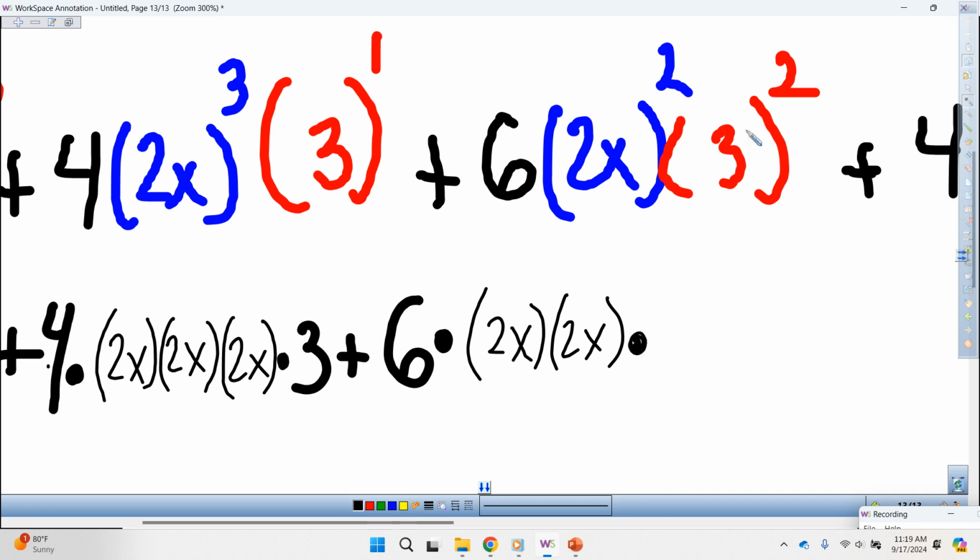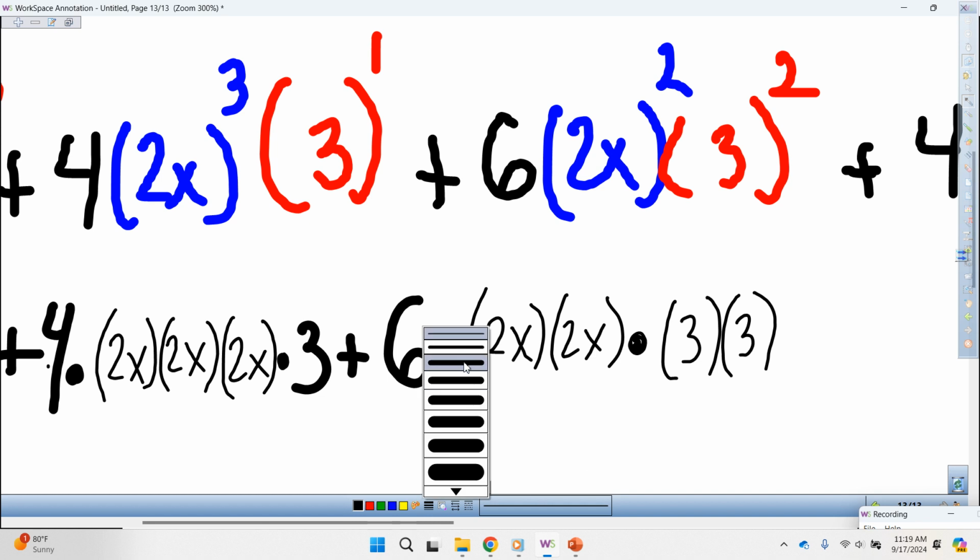I'm going to write this out right here. 3 times 3. This one was 3 to the 1st. That's why I only wrote it once. This has to be twice. Plus.